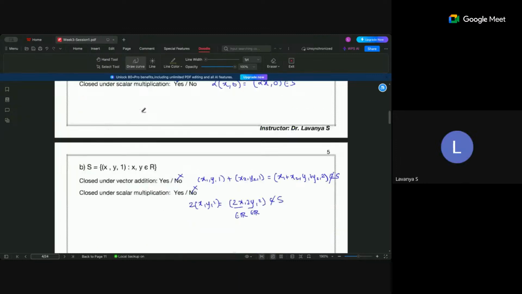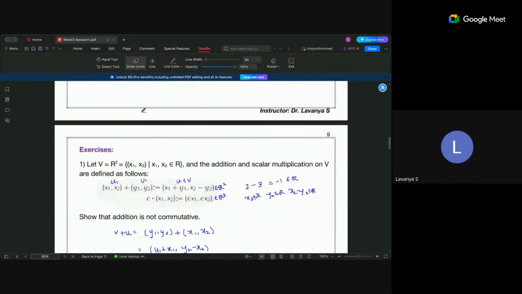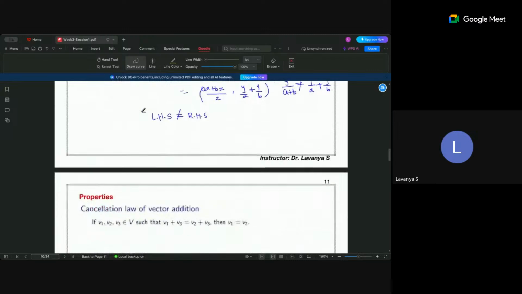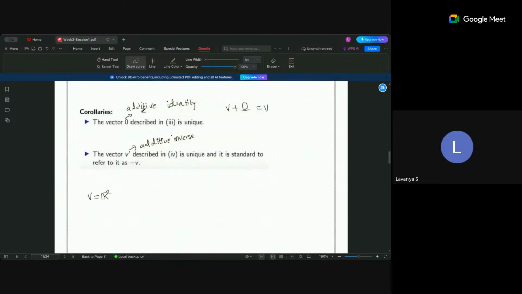Let us take the same set because we have already studied that set. So let S be the set of all (x, 0) such that x is in R. Now we know that this is first of all a subset of R2.